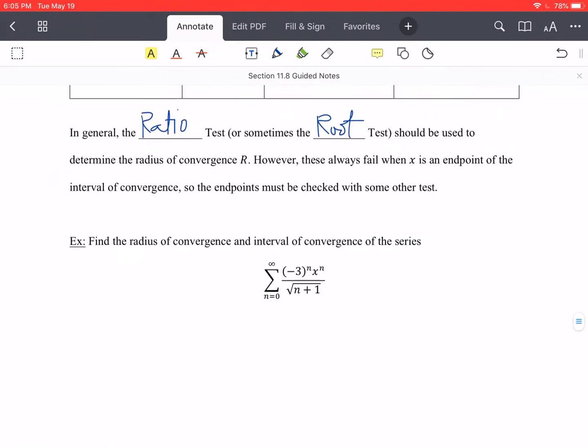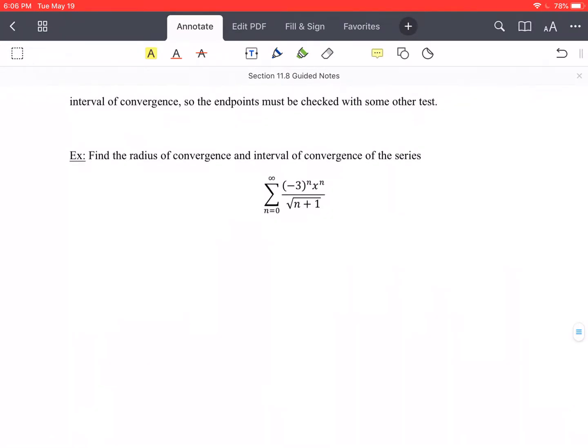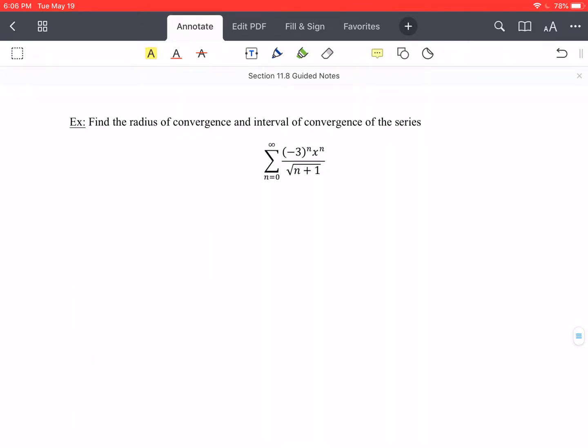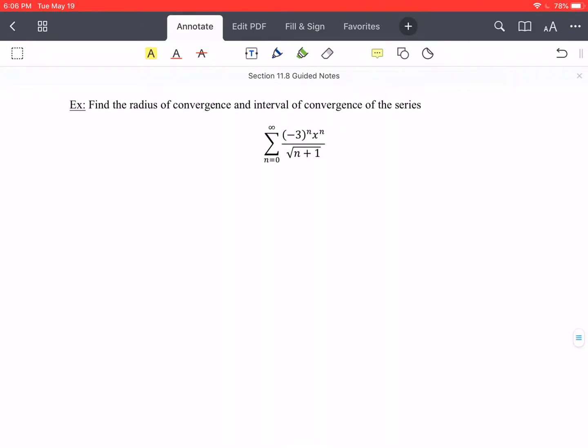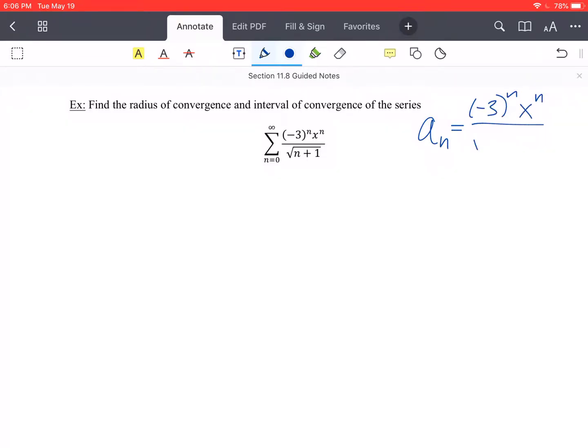Okay. So now we have a couple examples. Find the radius of convergence and interval of convergence of the series. So first things first, let's just establish our series a sub n. That's negative 3 to the n times x to the n over root n plus 1. So our ratio, okay, I'm going to turn this into multiplication by the reciprocal as we usually do.